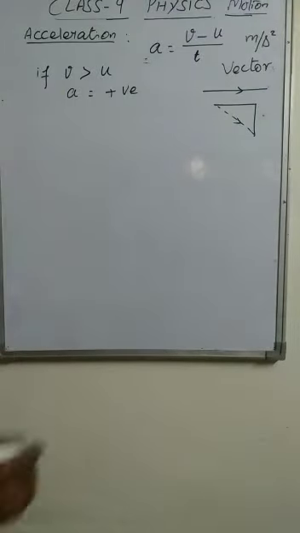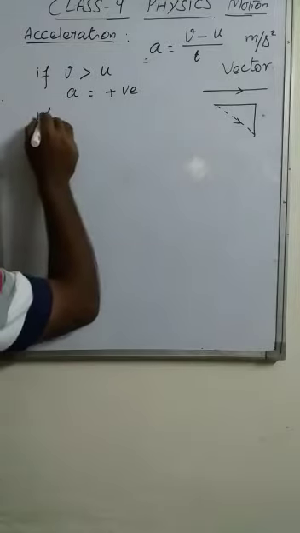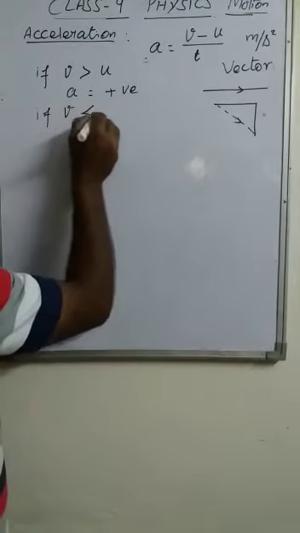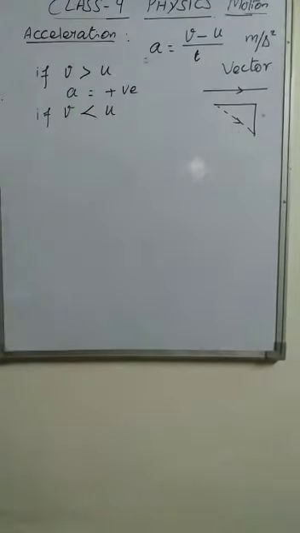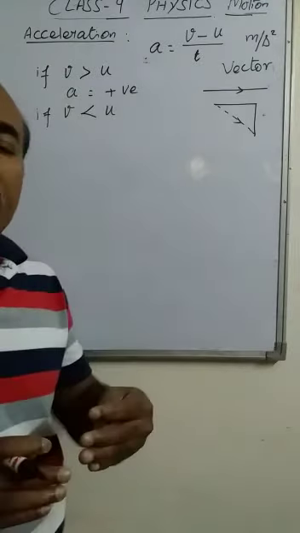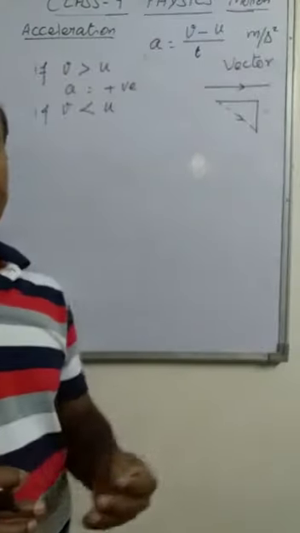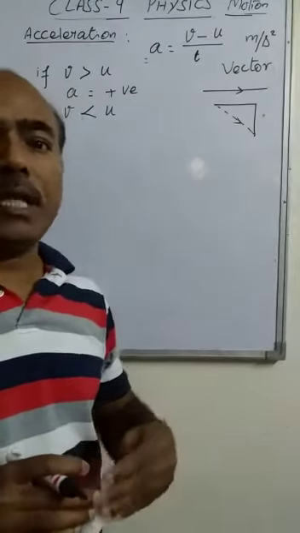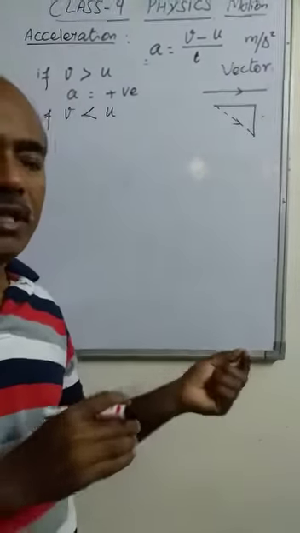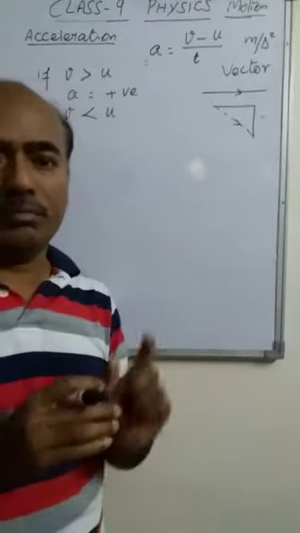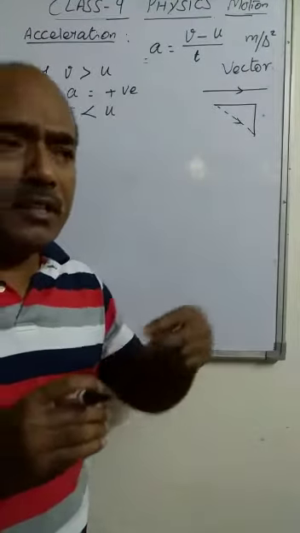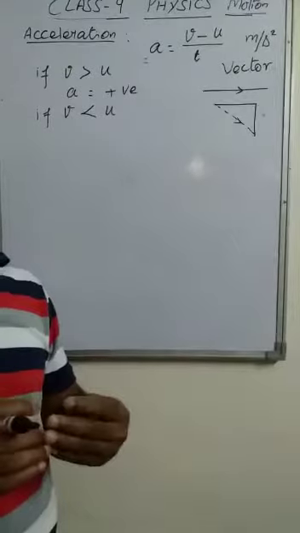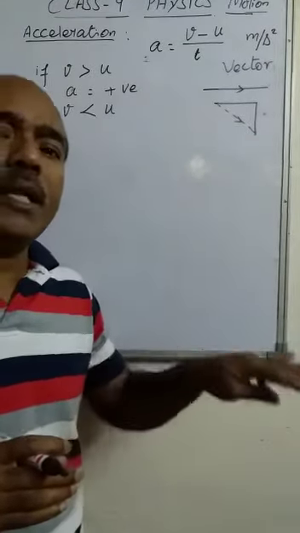If v is less than u: suppose you are coming from somewhere by your vehicle and moving towards your home. When the home is reached, definitely you will apply the brakes.